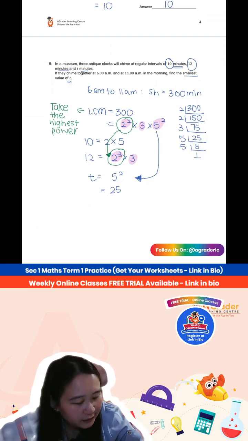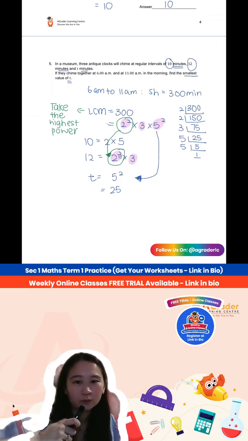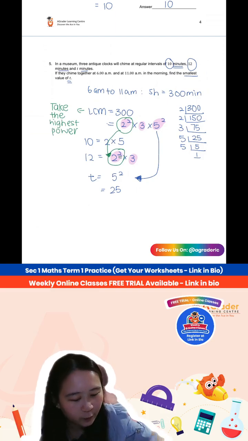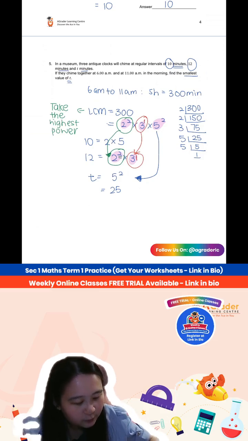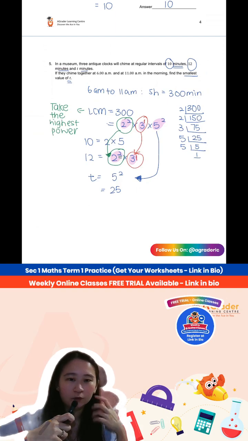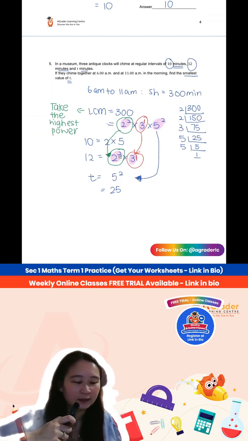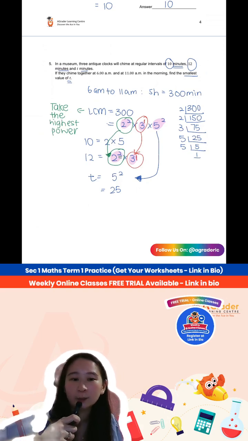So this highest power comes from this 12 for my base 2 power 2. Then for my 3 power 1, it can come from this 12 also. Can see that? That's why my T doesn't need to have 2 square and 3 power 1.